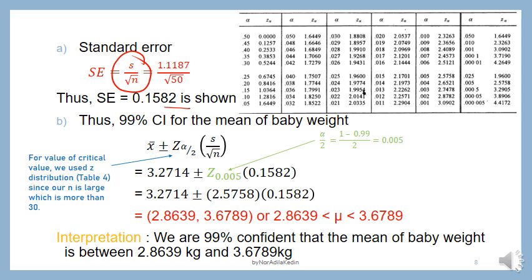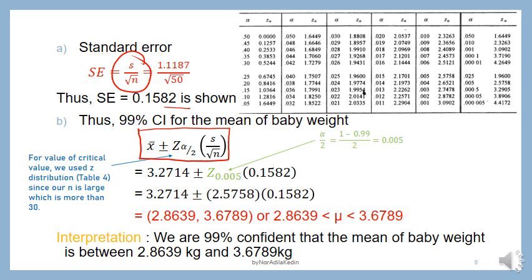Now the 99% confidence interval for the mean weight of babies. Since the sample size is large, even though the population variance is unknown, we use this formula: X bar plus minus Z alpha over 2 multiplied with your standard error.